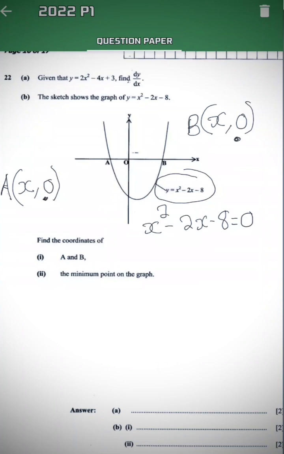Factorization is a simple method that can be used to solve simple quadratic equations that have got factors. You find the product. How do you find the product? You multiply the value of a times c.